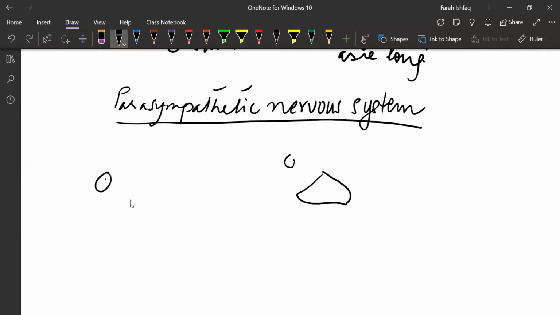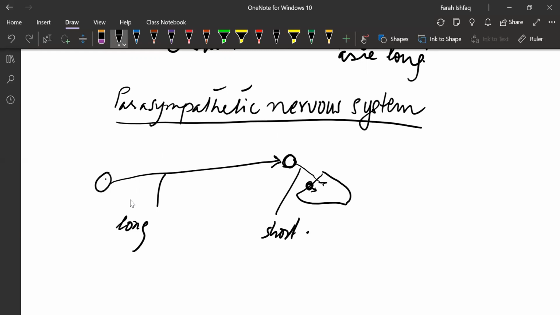These are the ganglia located in the head and neck, and these are the ganglia located in the wall of the organs. The preganglionic fibers synapse on the postganglionic neurons, and the postganglionic fibers synapse on the organ. You can see the preganglionic fibers in the parasympathetic system are long, while the postganglionic fibers are short. So these are the four anatomical differences between the sympathetic and parasympathetic nervous system.